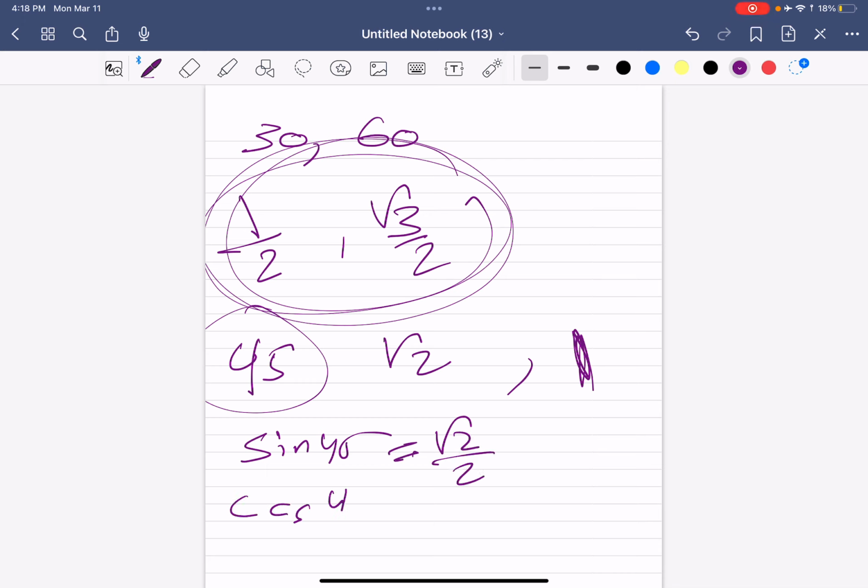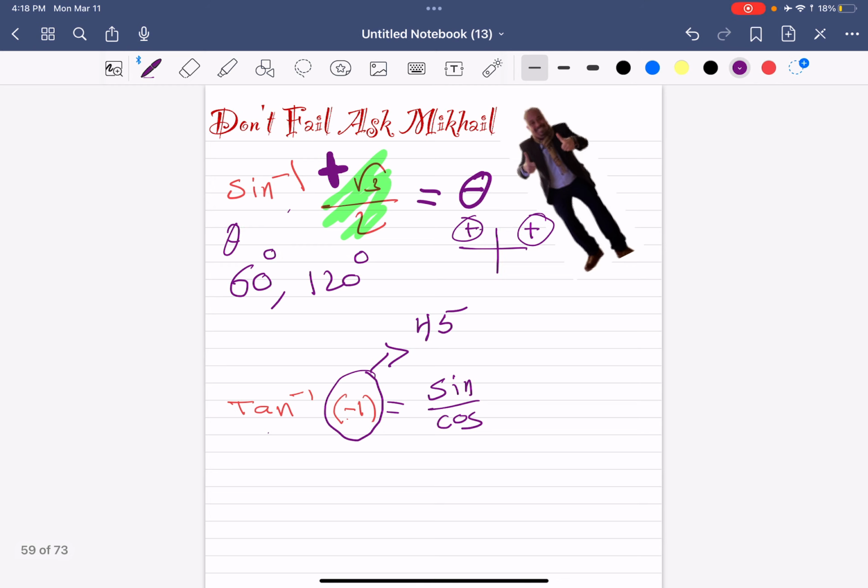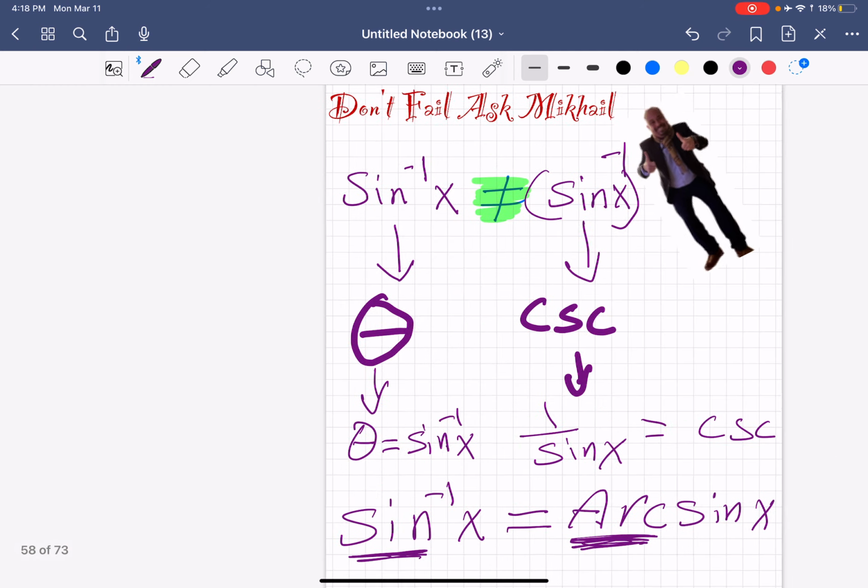Cosine 45 equals radical 2 over 2. And tangent equals sine divided by cosine. So this divided by itself gives you a 1. So whenever you see 1, that has to do with 45. Let's go back here.